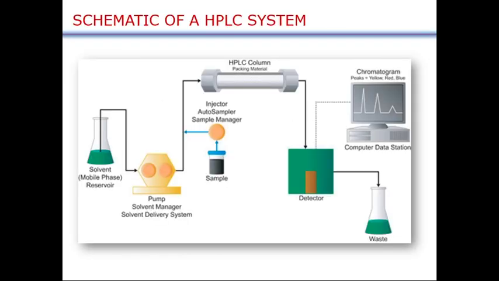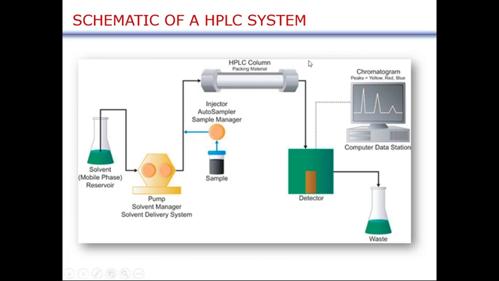So this is a schematic of a simple HPLC system, which consists essentially of a solvent reservoir. It contains a pump to manage the flow rate of the solvent. And also, if we want to make a gradient to control the flow of more than one solvent, you have an injector or a sample loader through which the sample is loaded.